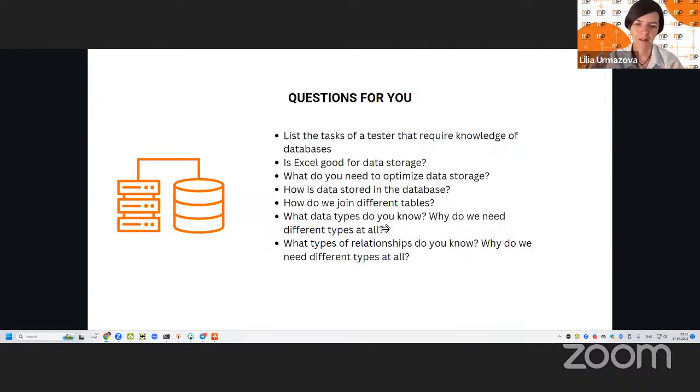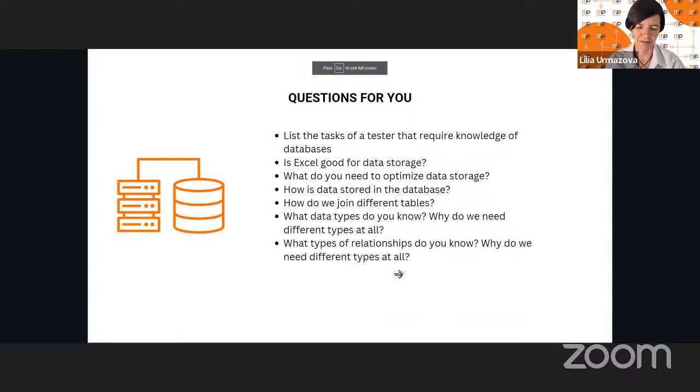Any questions here? Just to be sure that everybody understands the material. Nobody wants some additional explanation from me? Okay, it seems that everybody understands the material.